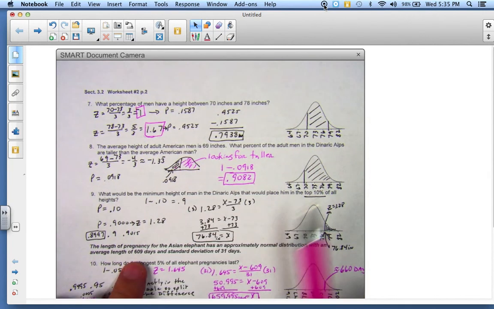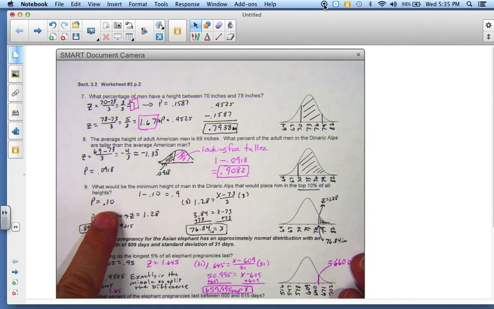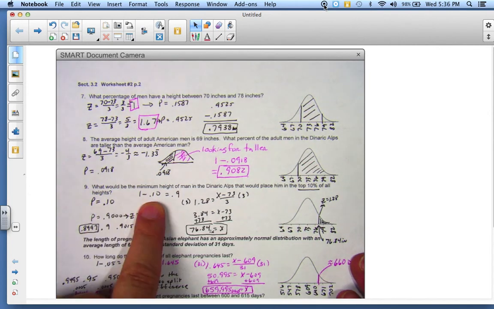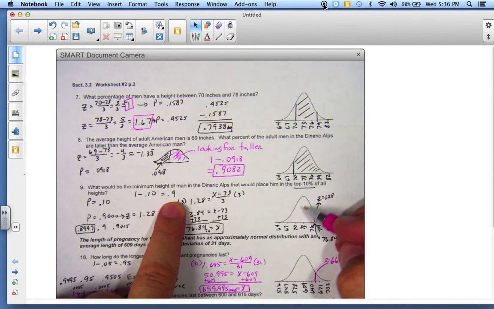What would be the minimum height to put the Denaric men in the top 10%? Well, I know that the p-value that I'm looking for is 0.10. I'm going to subtract that from 1 and get 0.9. So that's going to give me this area right here. Once I find this area, I can subtract it from 1.